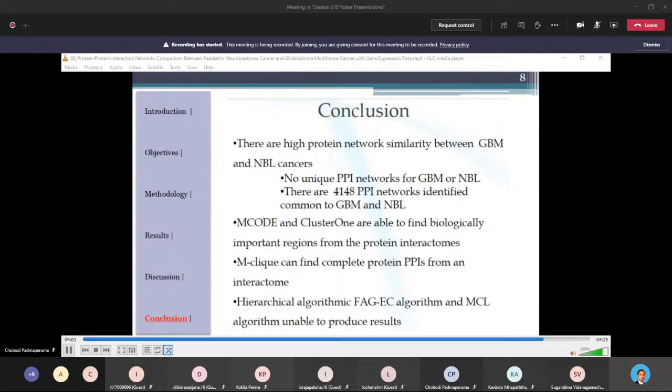MCODE and ClusterONE are able to find biologically important regions from the protein interactomes. MCLIV can find complete protein graphs from the interactome. Hierarchical algorithm, FAG and MCL algorithms are unable to produce any results. Thank you.